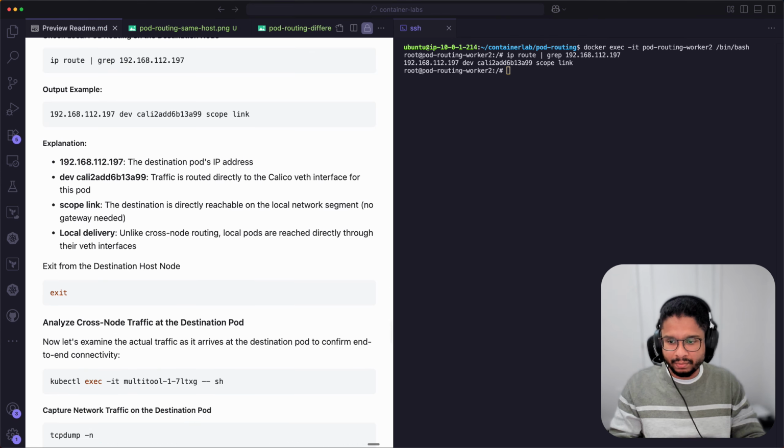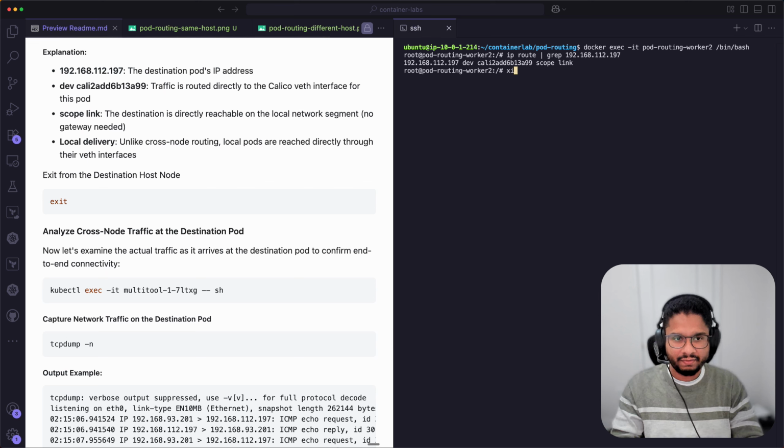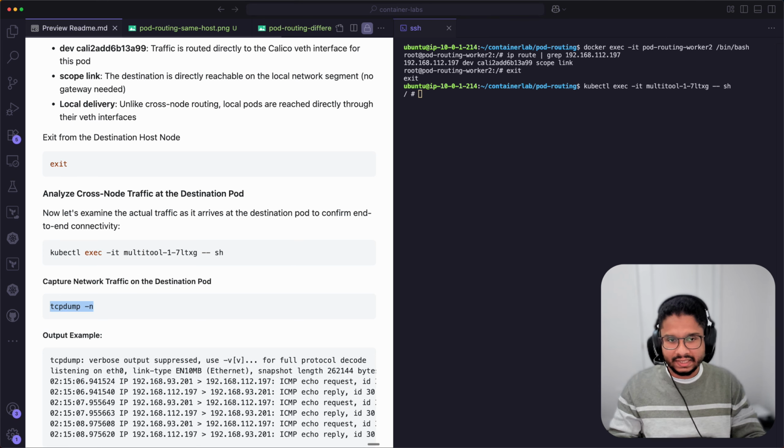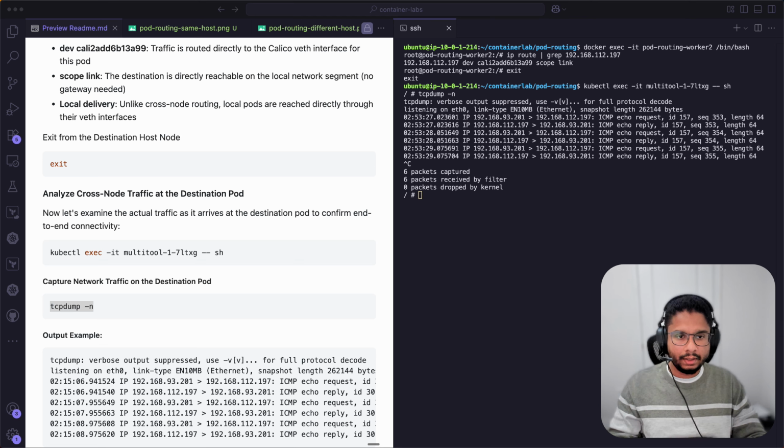And similar to the previous case, if we exit from the destination node and exec into the destination pod, which is the multi-tool 1 pod on the second worker node, and if you do a tcpdump, you can see the ICMP requests from the multi-tool 1 pod on worker 1, and you can see the responses sent by this particular pod as well.